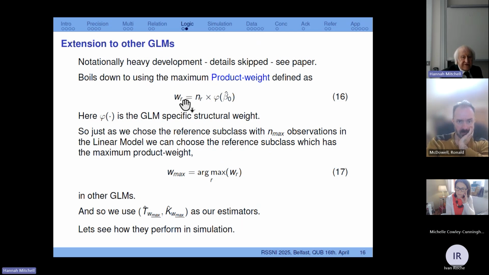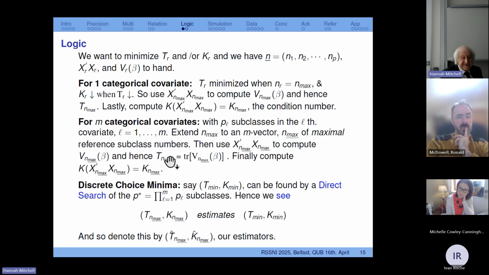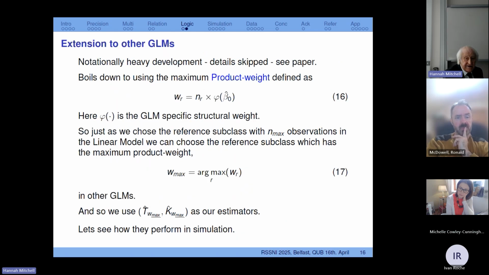So it is often the case that WR and NR are the same. And so very often there is no real need to use Wmax. Nmax is fine. And so this chap here is almost as good, very often the same as the other guy, as the more general guy.